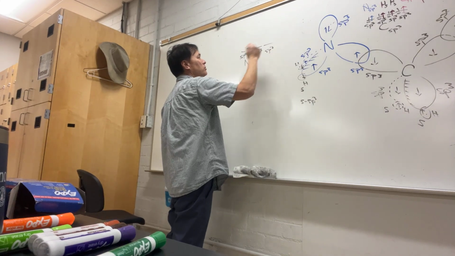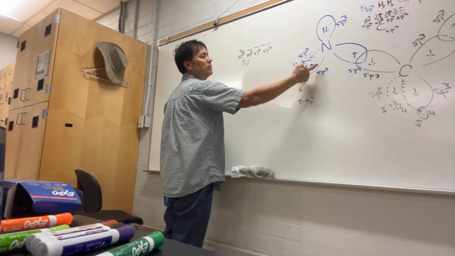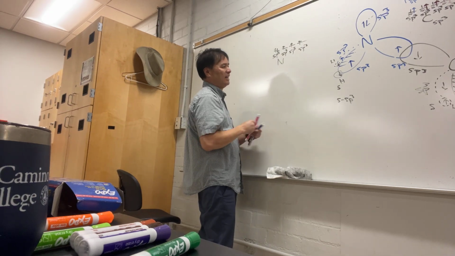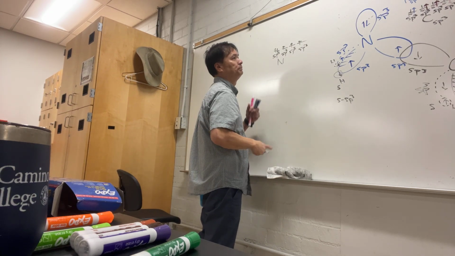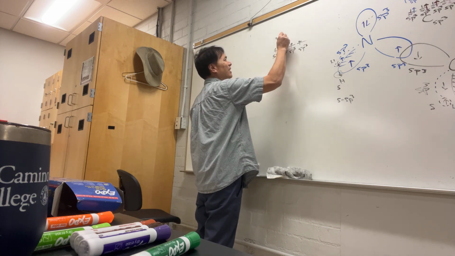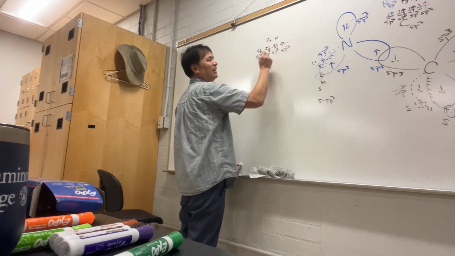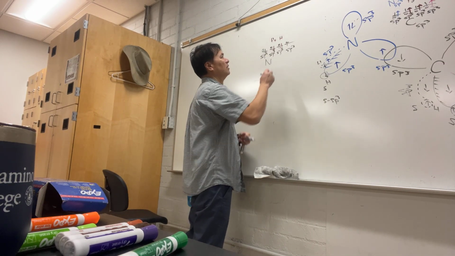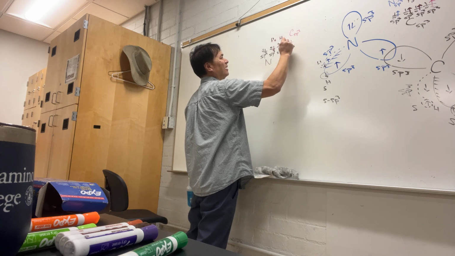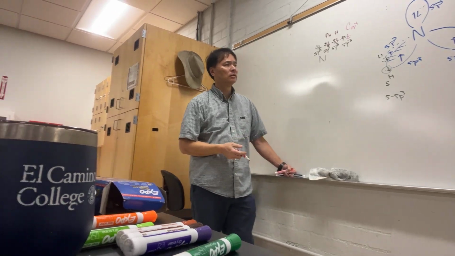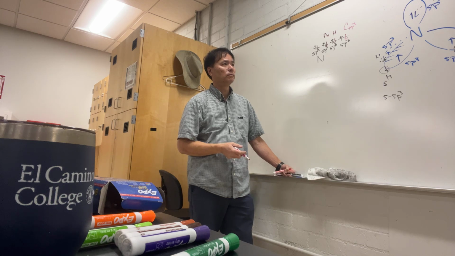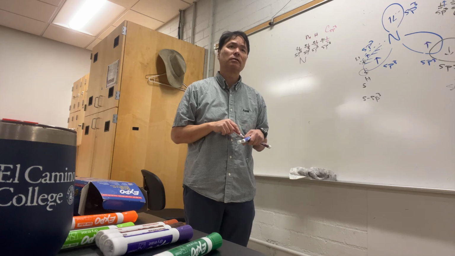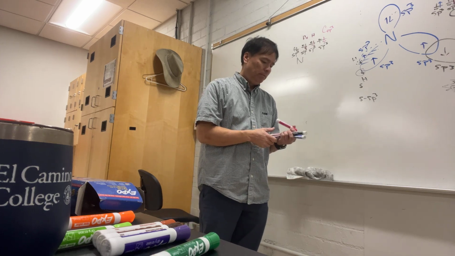We have 1 lone pair, which we'll throw in here, and then 3 singles. And then we have 2 hydrogens come in with an S. And then we'll have a carbon come in with an sp3. So this would be the valence bond picture of this.